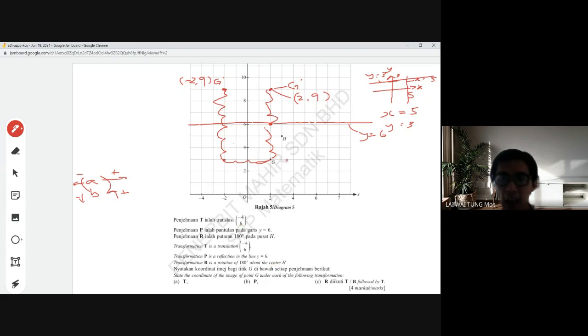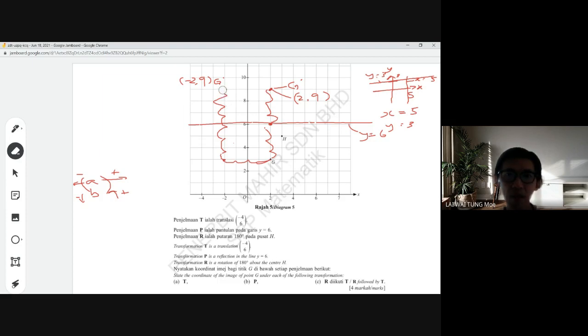And the last one is R followed by T. So what is the transformation of R? Transformation R is a rotation of 180 degrees about center H. When we want to do the rotation, it's easier if it is 180 degrees.